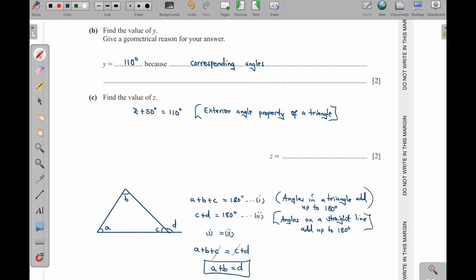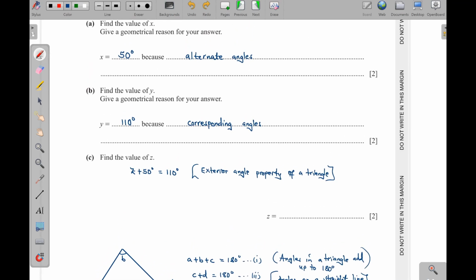So you see that the interior opposite angles, when you add them, they give you the exterior angle. So that is what is here. Therefore, Z here shall be equal to 110 minus 50. And this one will give us 60 degrees. You see that?